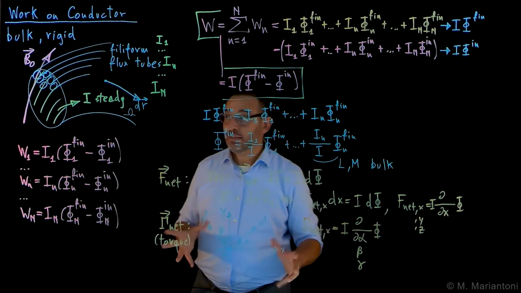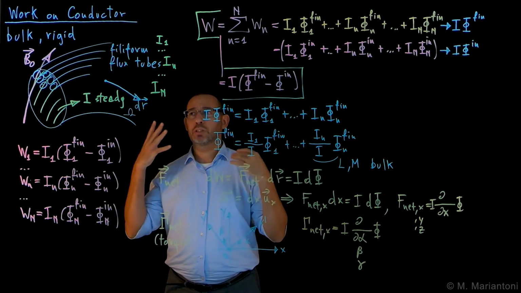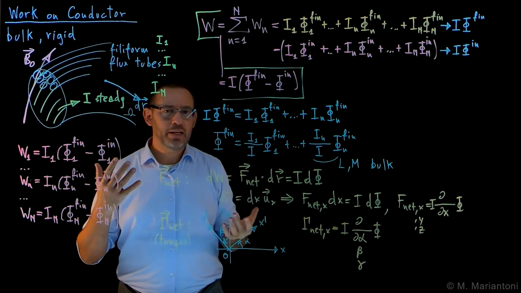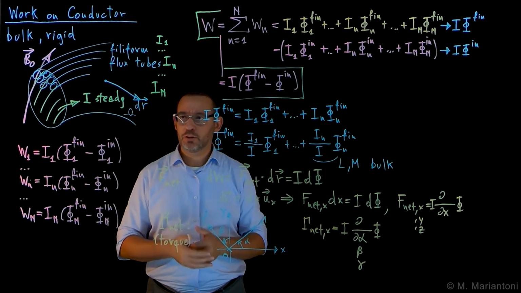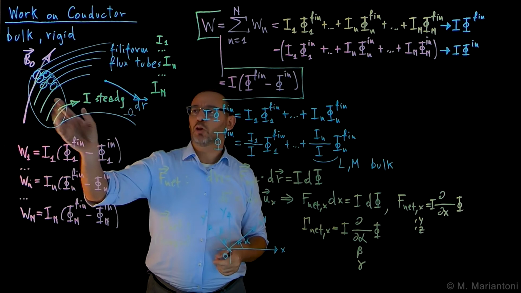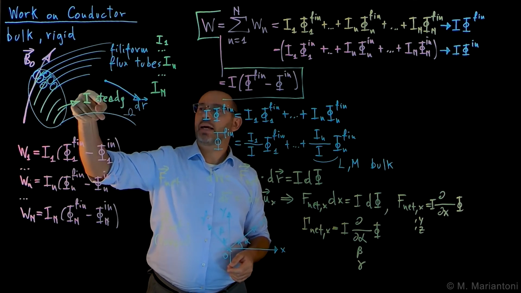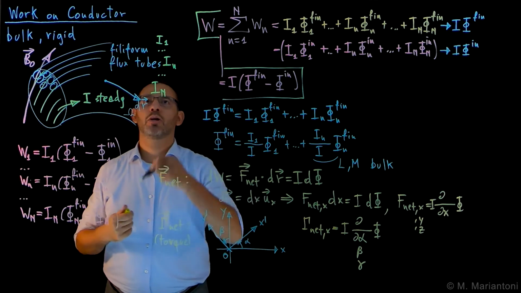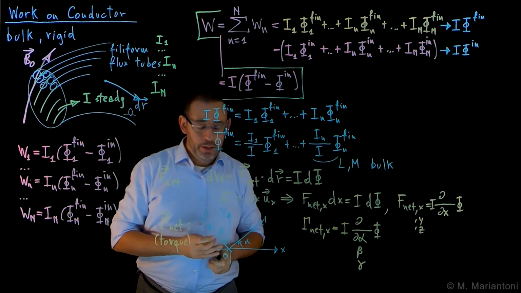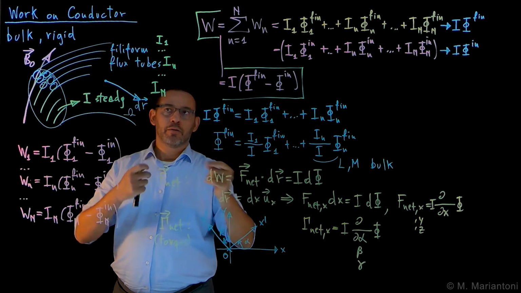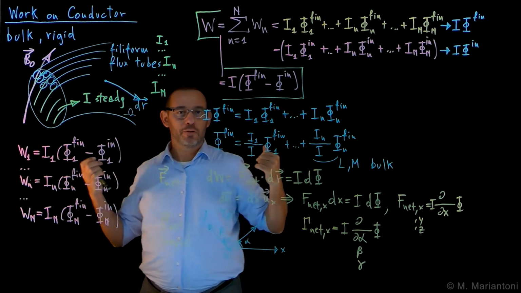So to summarize this video, the key idea here is we want to consider a bulk rigid conductor. We split it in an infinite or a very large set of filiform or quasi-filiform flux tubes, the usual procedure. If the total current is I steady, each of these currents is I1, I2, IN. If I sum them up, I get this I steady here, okay? So that's what I get by summing them up. And so the work, I can use the definition for each filiform flux tube, the same we have done for filiform wires.